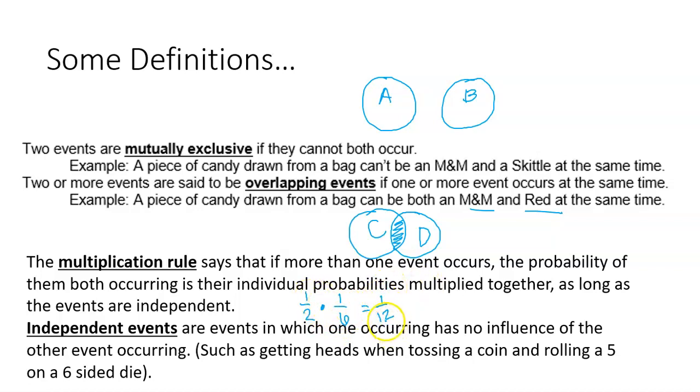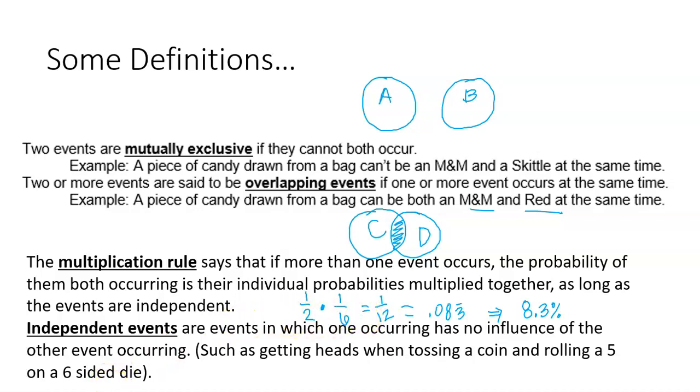I could change that to a percentage by using my calculator to divide 1 by 12, which is equal to 0.083 repeating. Then I would times that by 100 and round it off to a tenth, and I would get 8.3%. So we can only use the multiplication rule when the events are independent.